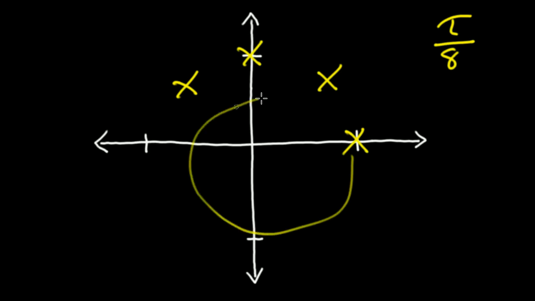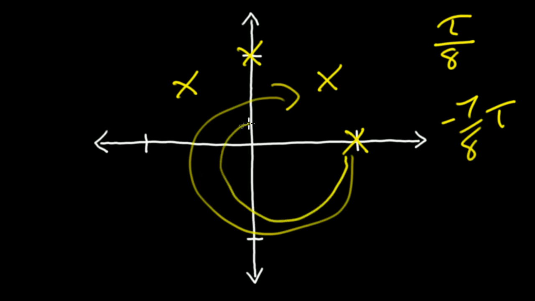So for example, this frequency that is here and then here and then here and then here and so forth, we could think of that as tau over 8, or we could think of it as going around this way, negative 7/8 tau, or we could think of it as going around in the negative direction once and then twice and then to there.